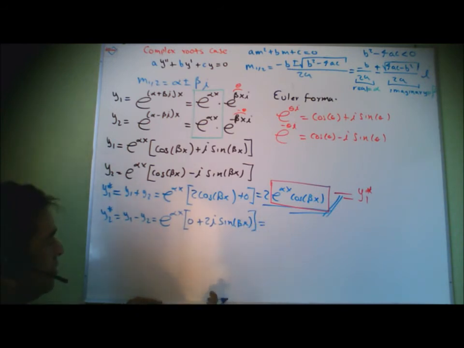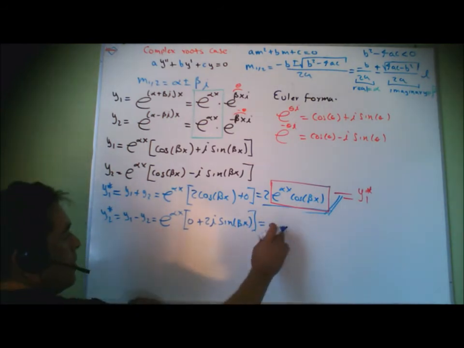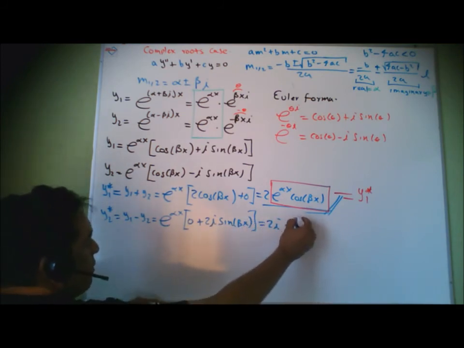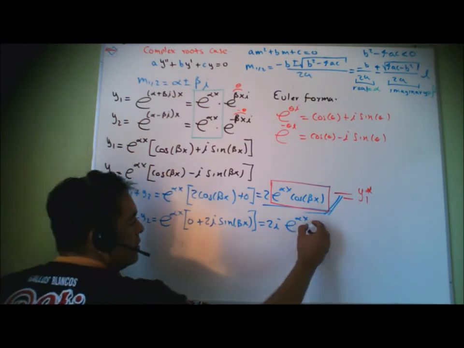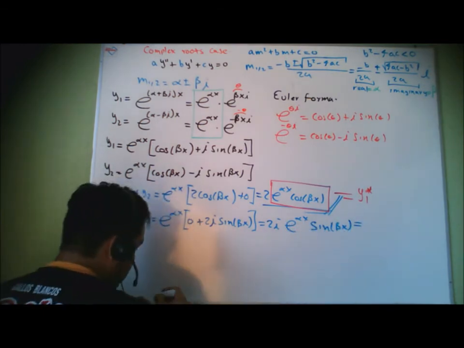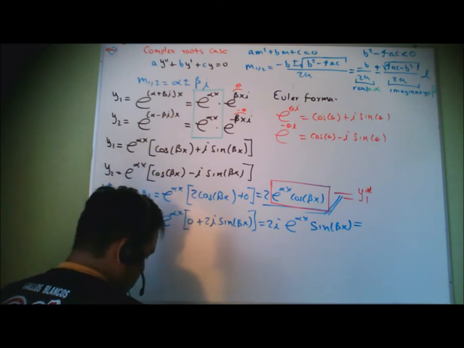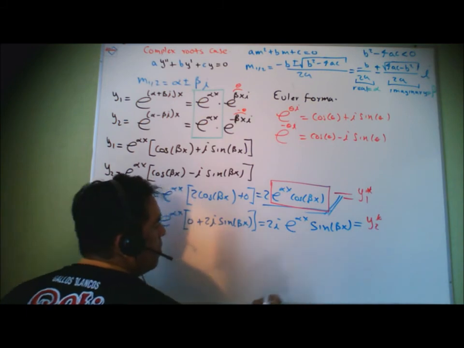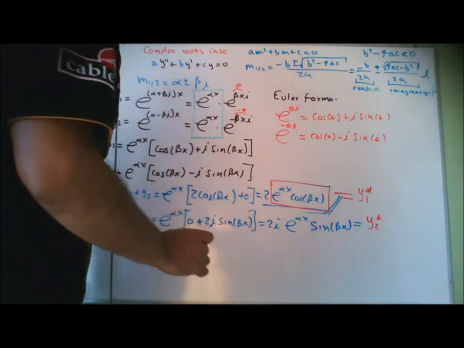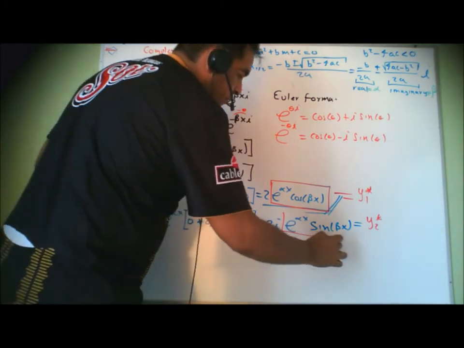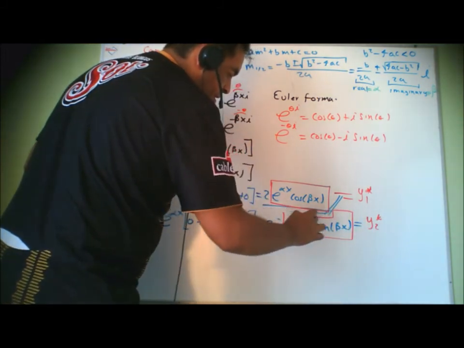So what is left here is 2I exponential of alpha x sine of beta x. And this is going to become my second solution. I don't care about this coefficient. What I do care about is that the functions are real.